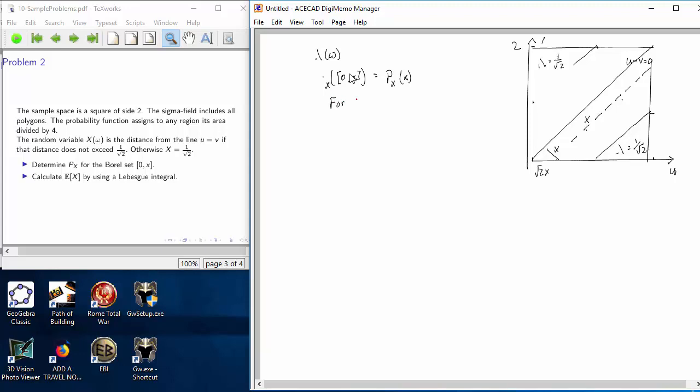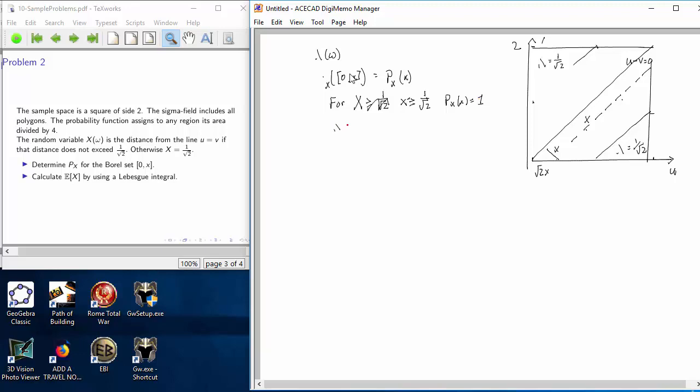By the rule I just stated, if the random variable has the value 1 over root 2, then the probability of that event, and that should really be a lowercase x, the probability if x is greater than or equal to 1 over root 2, the probability of being less than that value is 1.